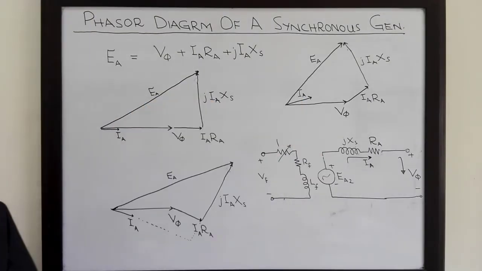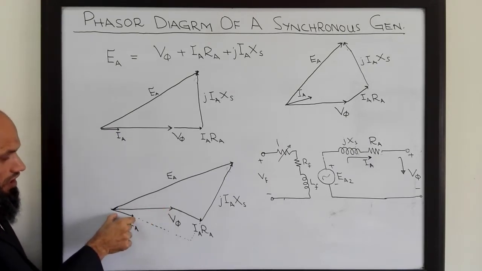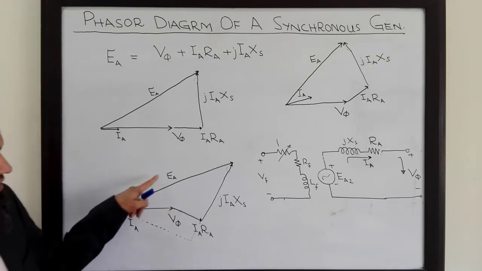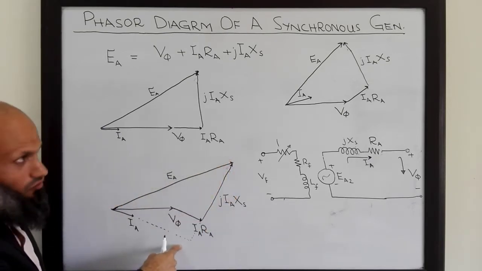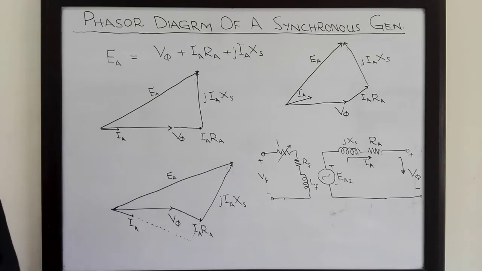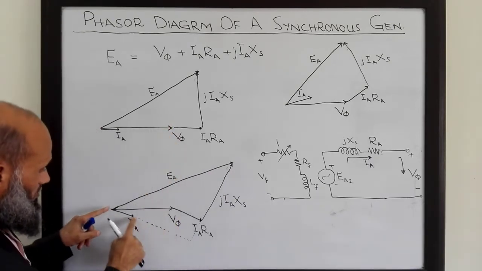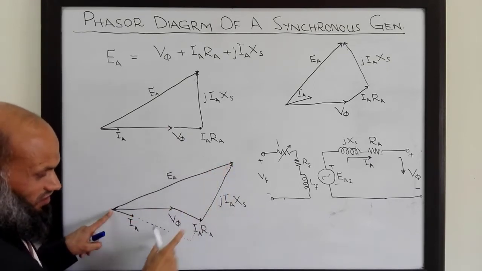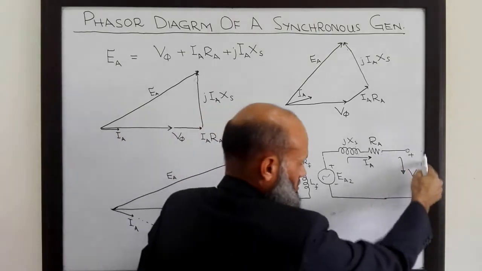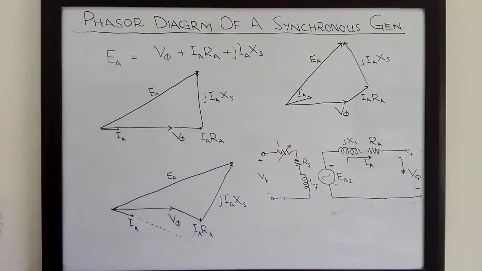What we can see is that for a given phase voltage and given armature current, EA will be the largest one for inductive load. Is it clear? For a given phase voltage, the same, given armature current, EA will be largest when you have connected the inductive load to the synchronous generator.